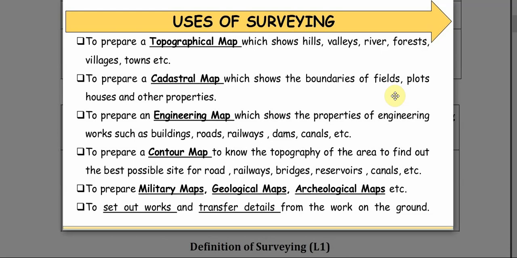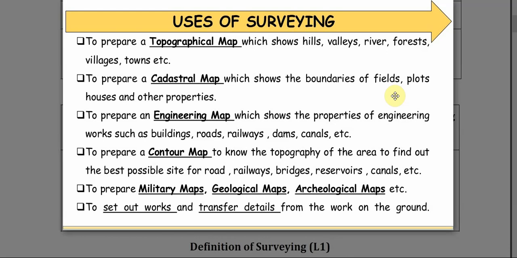When you're constructing the foundations to excavate for it, you have to first mark the foundations on the ground. So for a very small structure such as a very small house, 2 BHK, you can mark it using tape or ropes or threads.